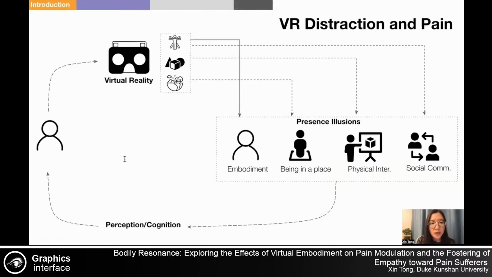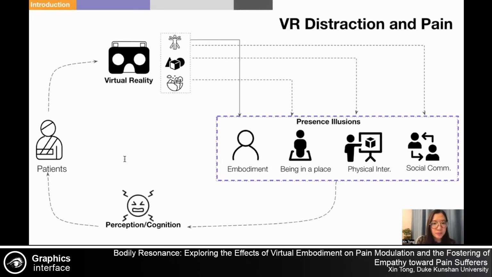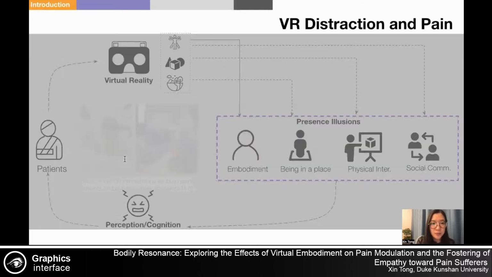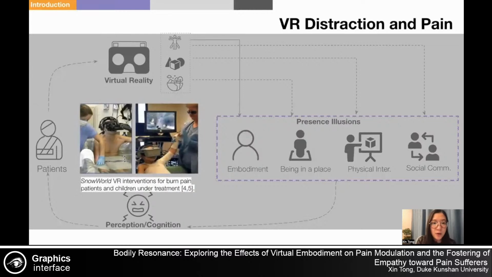So how does VR work for pain modulation? Researchers primarily studied 2 potential mechanisms: distraction and embodiment. From findings with acute pain patients, researchers like Hunter Hoffman viewed VR as a whole and hypothesized that VR could compete with pain for limited cognitive resources and thus reduce pain levels.